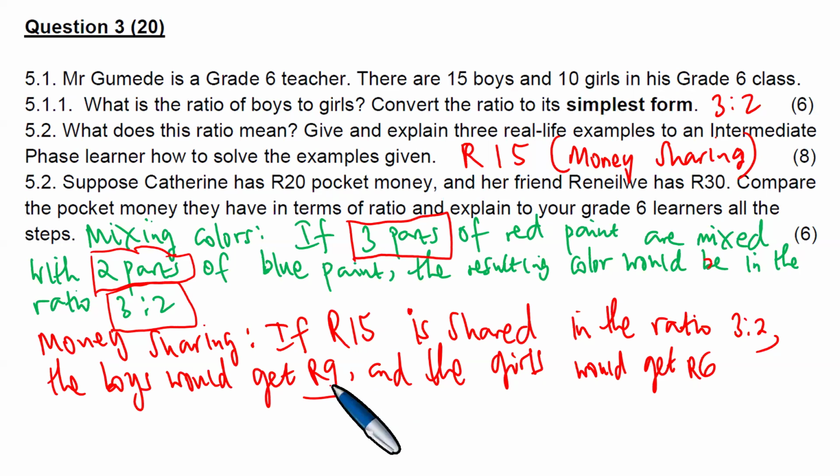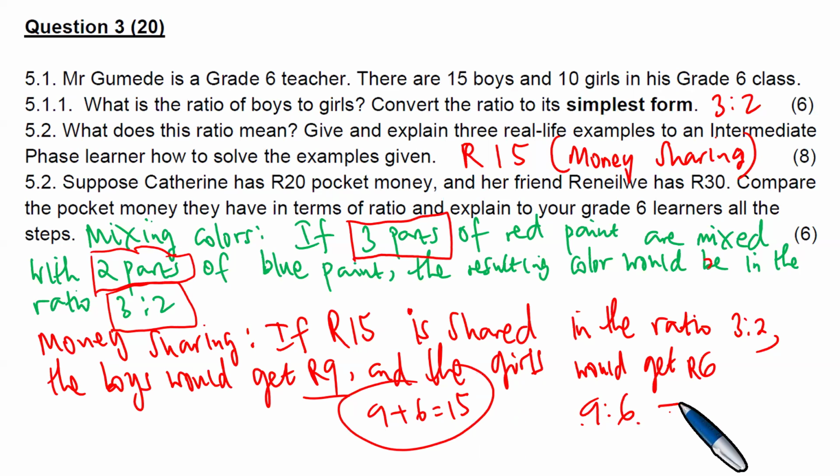In other words, the boys would get 9 rand and the girls would get 6 rand. So that in the end, the 9 is to 6. 9 plus 6 still gives us 15. If you divide the 9 by 3, you get a 3. You divide the 6 by 3, you get a 2.